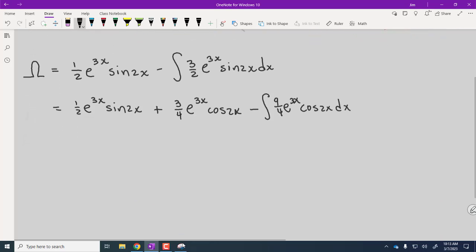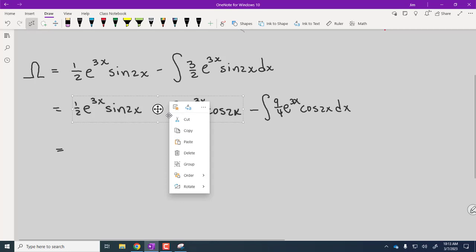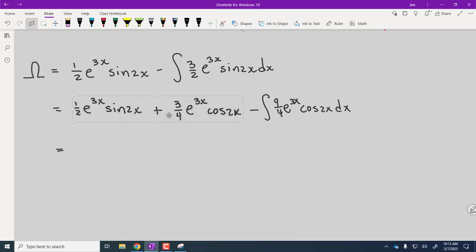So over here on the right, what we notice is that the integral over there is exactly like the original integral. So we are going to write it as a multiple of the original integral, a multiple of omega.